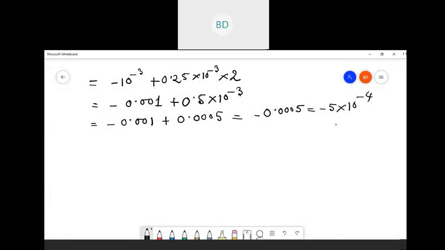In the question it was asked for the change in dimension. So change in dimension delta x equal to what? Strain into original length, because you know what strain is: the change in dimension by the original dimension.